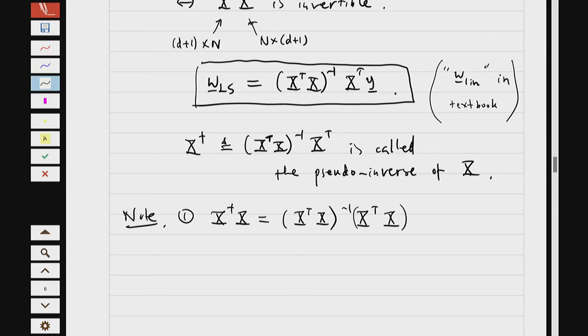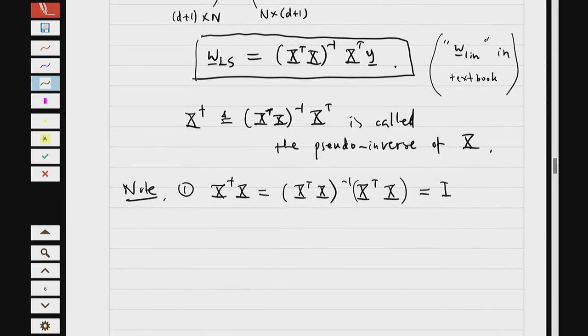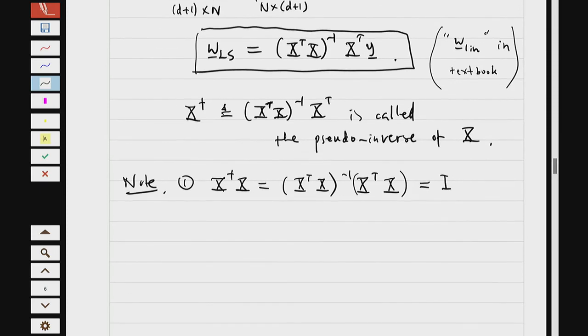Now you see that this one is simply the inverse of that. These two multiplied together give what matrix? The identity matrix, just like 1 in scalar algebra. So this pseudo-inverse has the property of the inverse of X: when you multiply them together, you get an identity matrix.